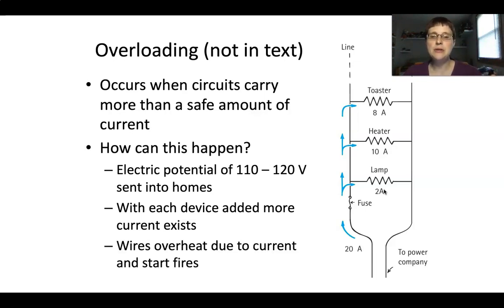And what will that do? It will cause the wire to overheat because too many electrons are flowing through the wire. And that's what can lead to fires. That's one thing. We're going to look at another way that can happen, but that's the one way that you can get fires, is that those wires can overheat because you overload the circuit.